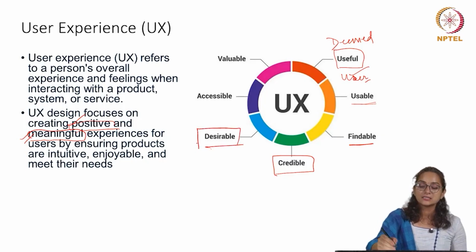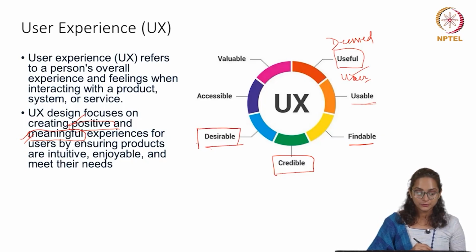The fifth is desirability. Desirability is to some extent related to usability, all of these aspects, credibility, etc. But desirability is something which caters to people's emotional needs, their aspirational needs.